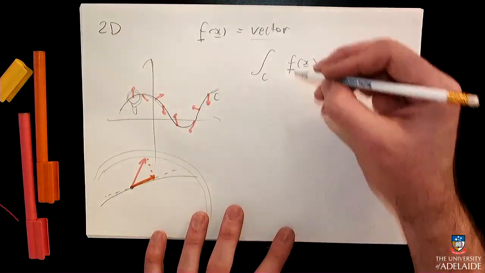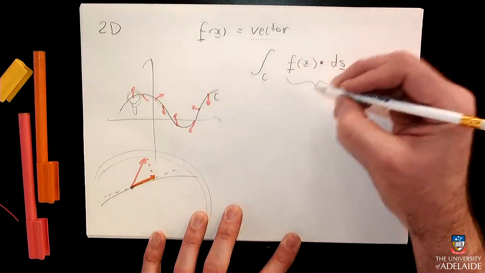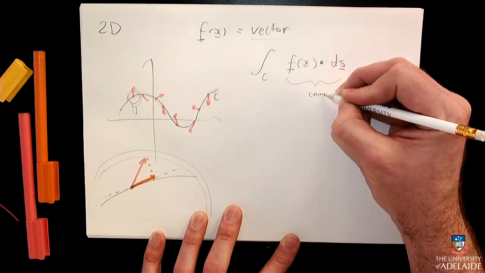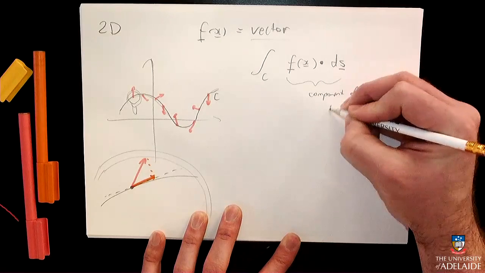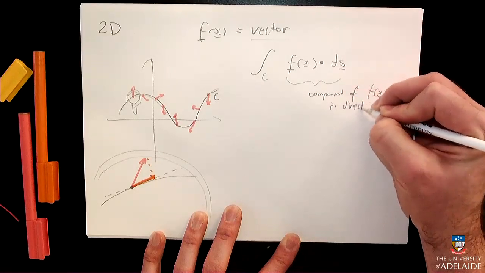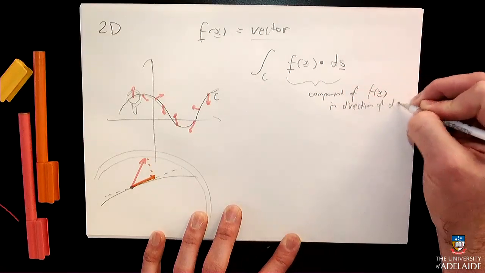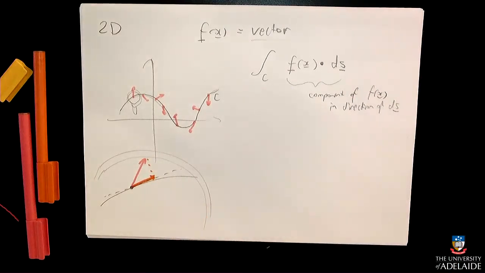So this is saying the component of f of x in the direction of ds. Pretty much, something like that. And we want to add all of them up. But that's okay, because we know what ds is.